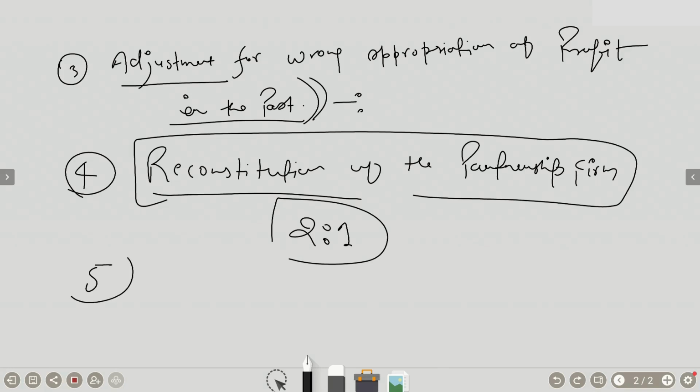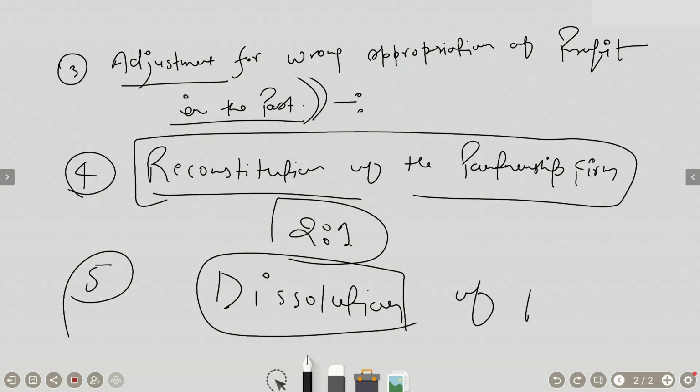And the last is dissolution of partnership firm. What does dissolution mean? Dissolution means the winding up of a firm. What are the various rules and clauses for winding up a partnership firm?